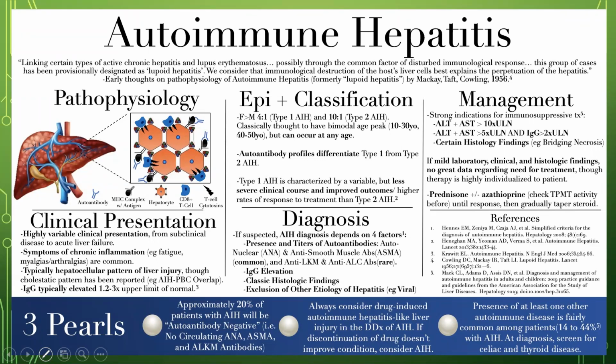A strong indication for immunosuppressive treatment is ALT levels more than 10-fold, or 5-fold with elevated IgG, above the normal upper limit, and certain histological findings specific for autoimmune hepatitis, such as bridging necrosis. If laboratory, clinical, and histological findings are mild, there is no great data regarding the need for treatment. So therapy is highly individualized for the patient.